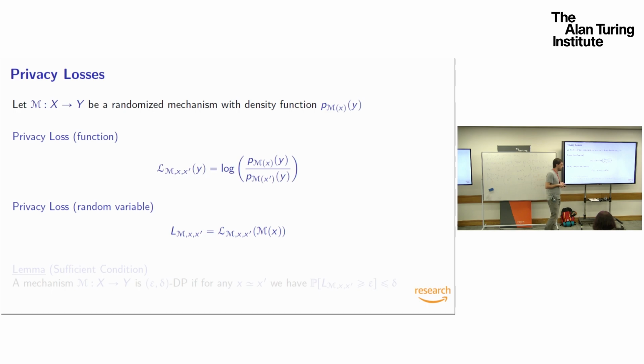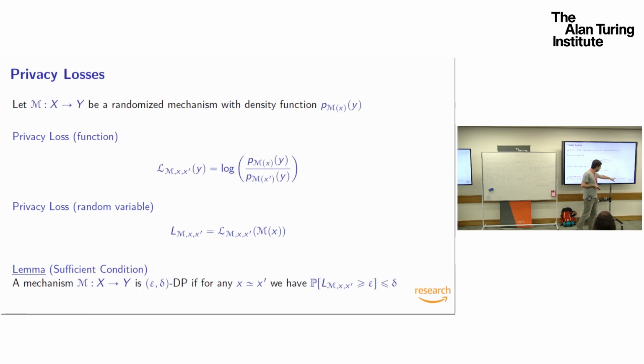They were just things that were appearing in the proofs. But behind these definitions is a sufficient condition that says you can guarantee that the mechanism is epsilon-delta differentially private if you show that for any pair of neighboring data sets, this privacy loss random variable will be larger than epsilon with probability less than delta. So if this is satisfied for every pair of neighboring data sets x and x prime, this gives you differential privacy.